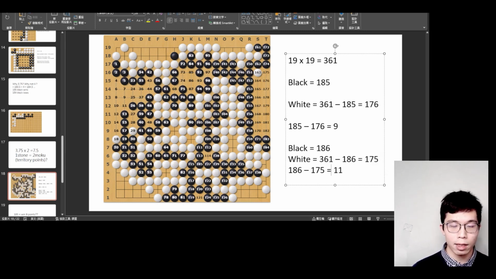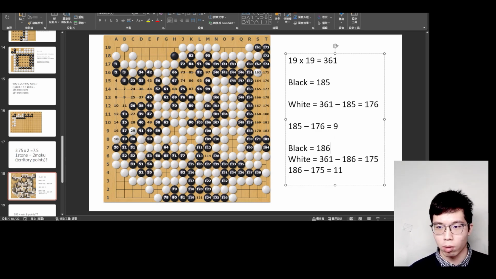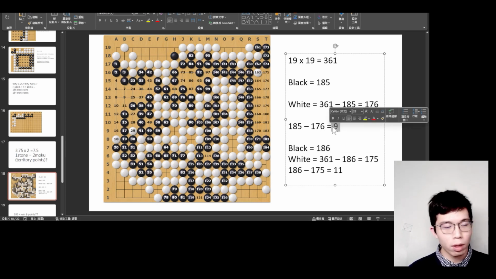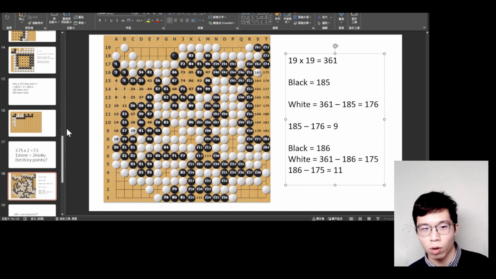In territory counting, we count the difference of black and white, and we can see there is a difference of 11 points when black has 186 stones, but only a difference of 9 points when black has only 185 stones. So 1 stone more becomes a 2 points difference. That's why we say 1 stone equals 2 moku.